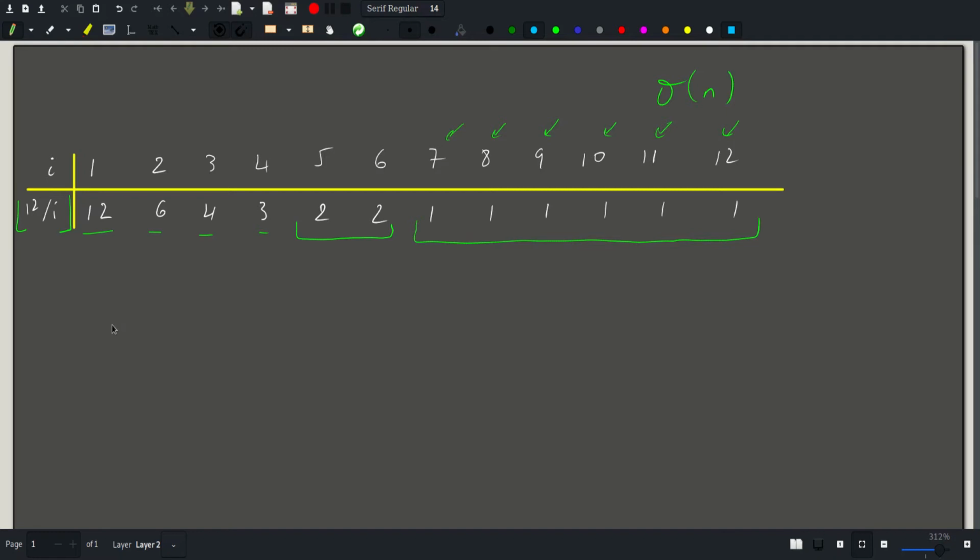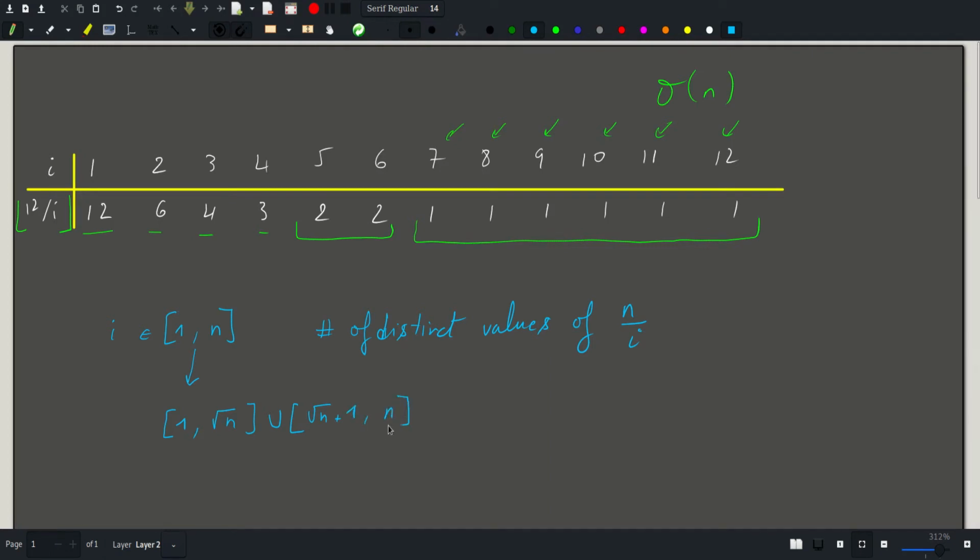To reiterate what I just said, I have an I that belongs to the range 1 to n, and I want to know the number of distinct values of n divided by I. And in order to answer this question, I will break down my interval into two parts. The first part is from 1 to square root of n, and the second part is from square root of n plus 1 up to n.